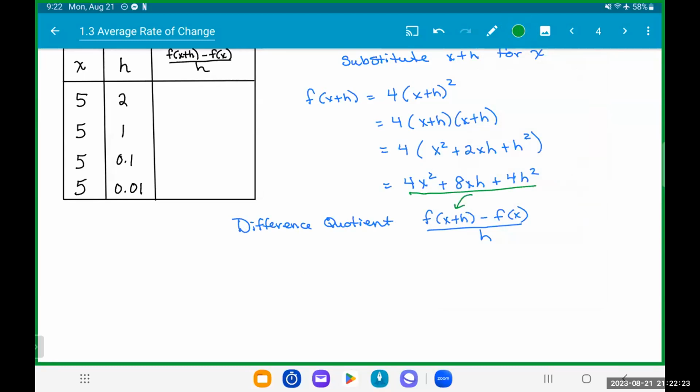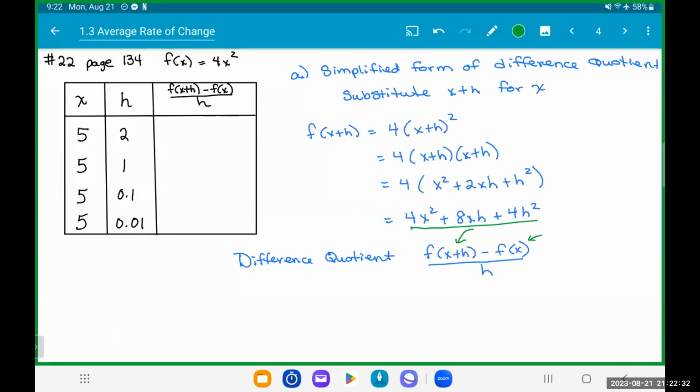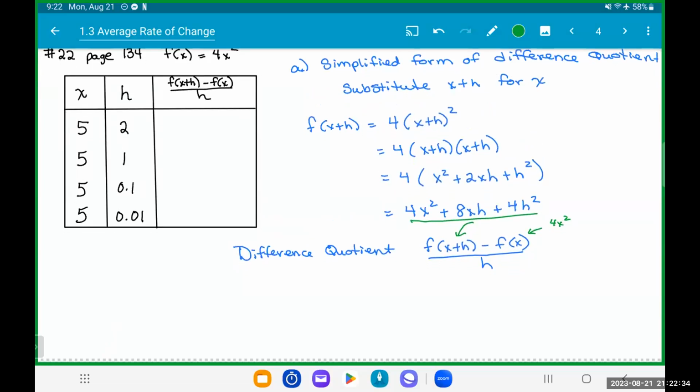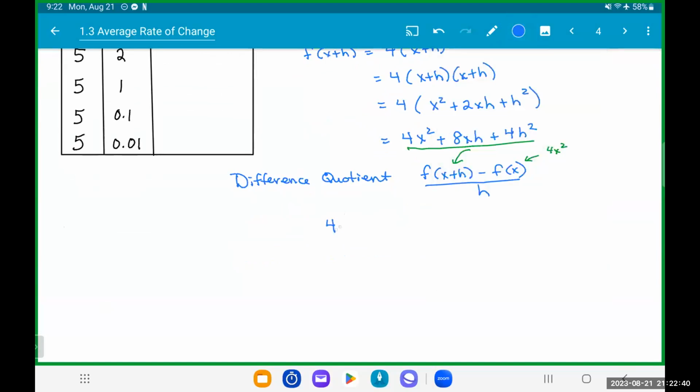We're going to substitute in for here, and this will substitute in just the original equation, which was 4x squared. Okay, so we substitute all that in and we get 4x squared plus 8xh plus 4h squared minus 4x squared divided by h. Okay, so that's all done by substituting.